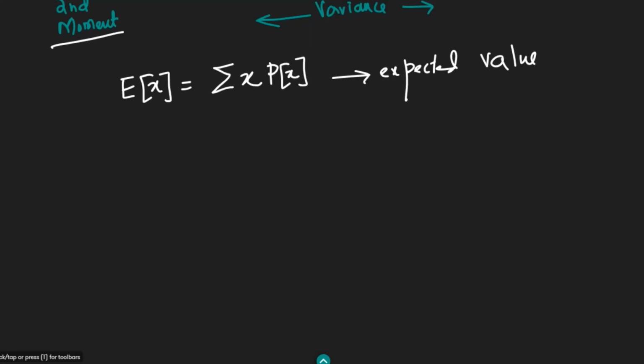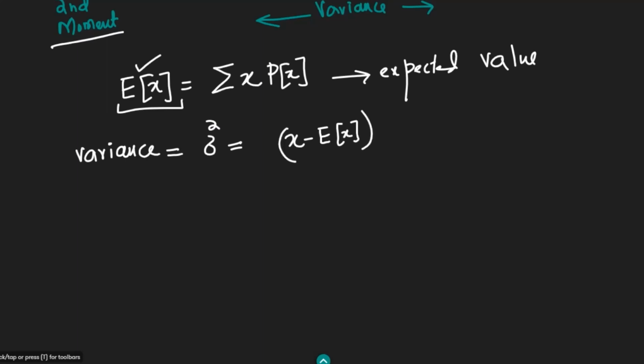Similarly, how can we find out the variance? Variance is represented by sigma, basically sigma square. In order to find it, I have to first find the expected value, and after finding the expected value, subtract it from each data point, then square it, and then multiply it with the probability it has.